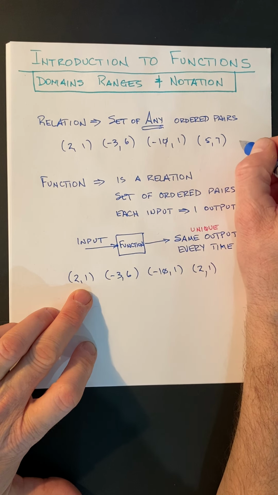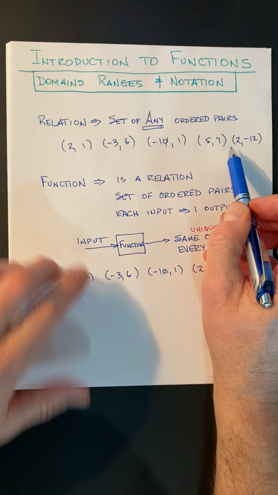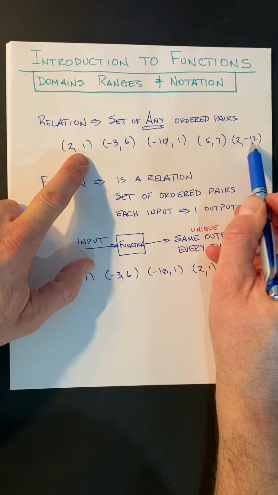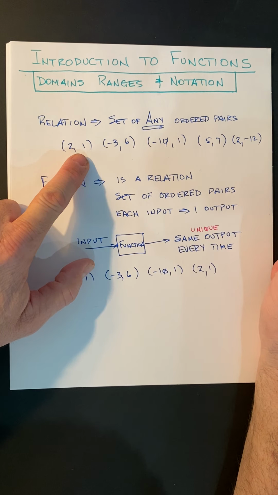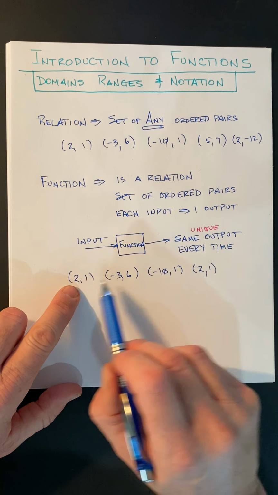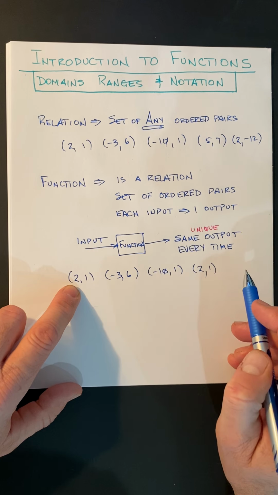If I did this with a relation, who knows what I might get, okay? So this 2 produces a 1 and a minus 12. Therefore, it's a relation. For the function, every time I have a 2, it's going to produce a 1, okay?